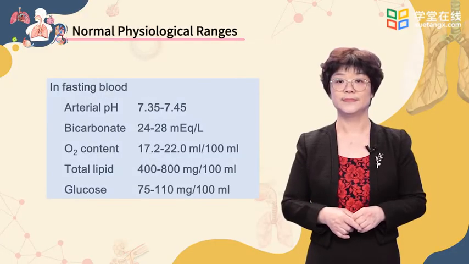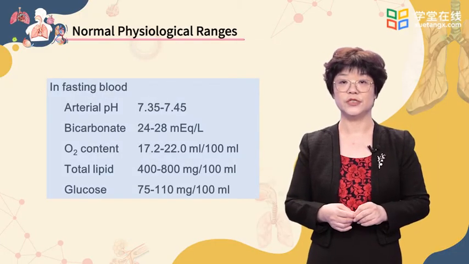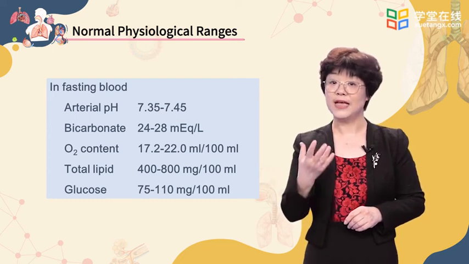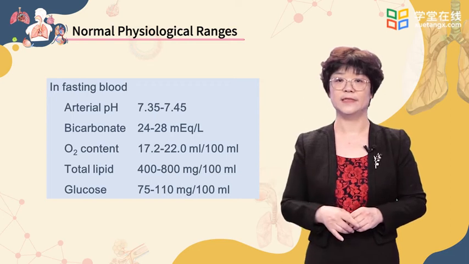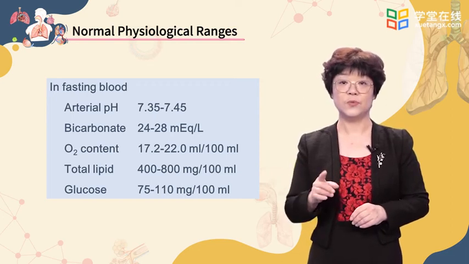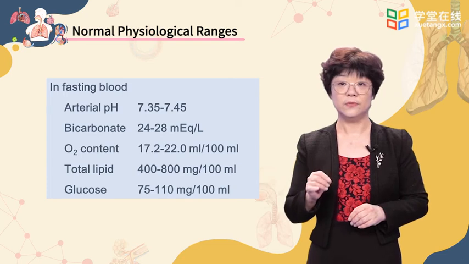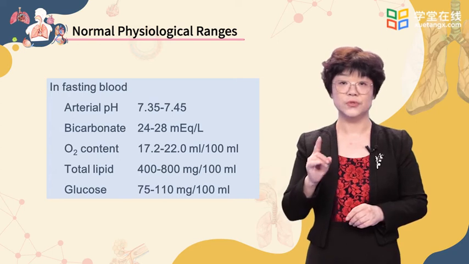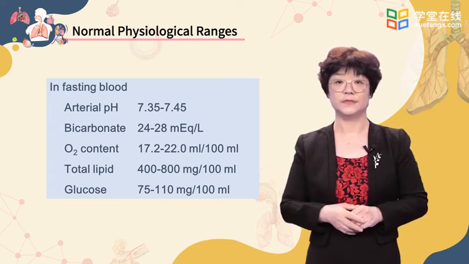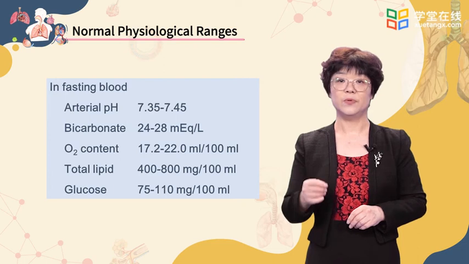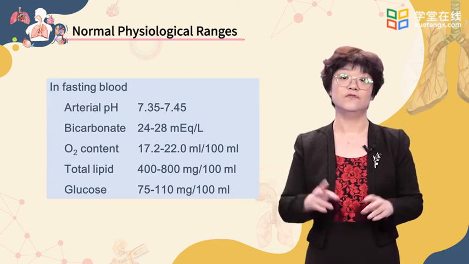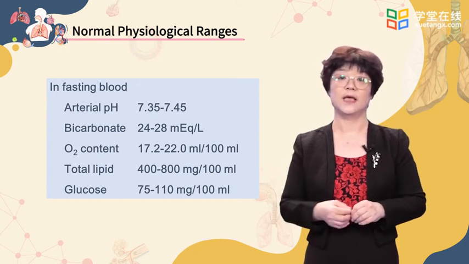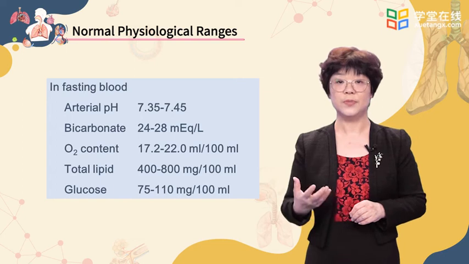For example, the arterial blood pH changes within 0.1 unit, and blood glucose must be maintained at 75 to 110 milligram per 100 milliliter. That is about 4.2 to 6.1 millimole per liter. This table shows the examples of normal physiological ranges of some constituents of blood and a normal range of arterial blood pH.